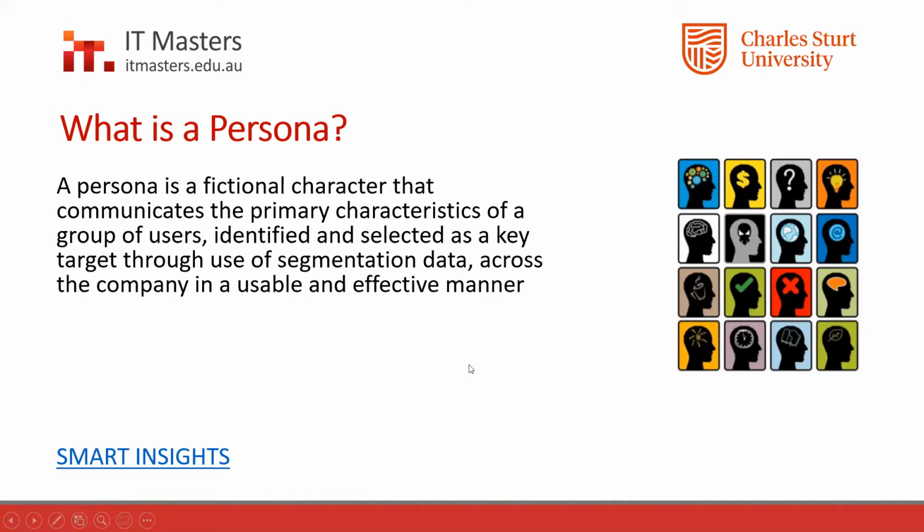So we're moving on to online personas, or personas. It's really a fictional character that communicates the characteristics of a group of users, so a segment, a target market. You can have primary and secondary, even tertiary. It helps identify your key target through the data, and the data will inform certain themes about where people live, how old they are, what sex they are, what they're interested in.